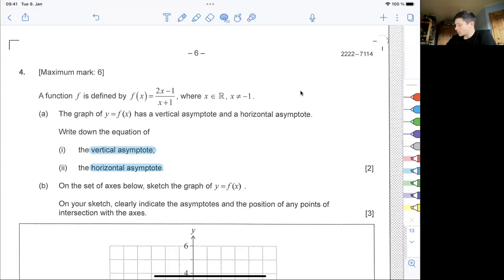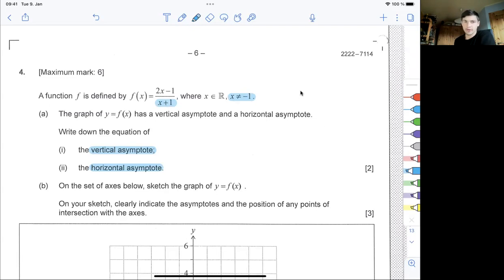Okay, so for the vertical asymptote, this will always be in the form of x equals a number. And you'll find quite often that this is given in the first line of the question, which here we're told x cannot equal −1. The reason why x can't equal −1 is if we were to put x = −1 into the denominator here, we would get 0.